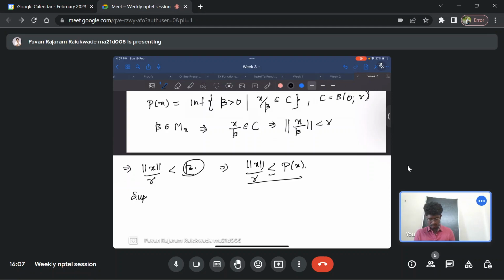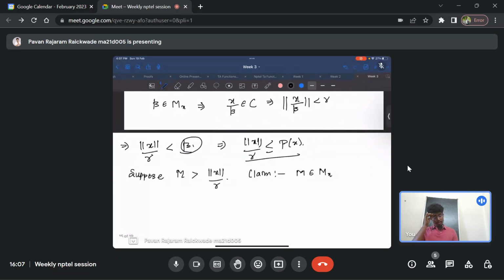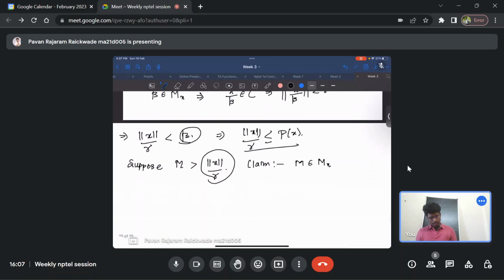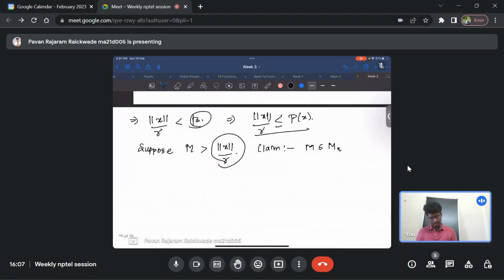Suppose we take any m which is strictly greater than norm x by r. The claim is that m itself belongs to M_x. If this happens, then we are done, because any number greater than norm x by r is already in the set, so it cannot be an infimum. This is a lower bound.